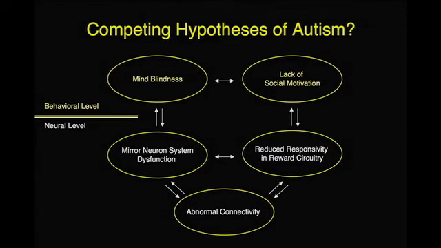And I hope that even if I went very fast and didn't develop the points as thoroughly as I would have with more time, you may have seen that some of the neural systems that I've talked about today may do a good job of accounting for this behavioral manifestation of autism and provide a neural mechanism, a neural correspondence, for those behavioral hypotheses.